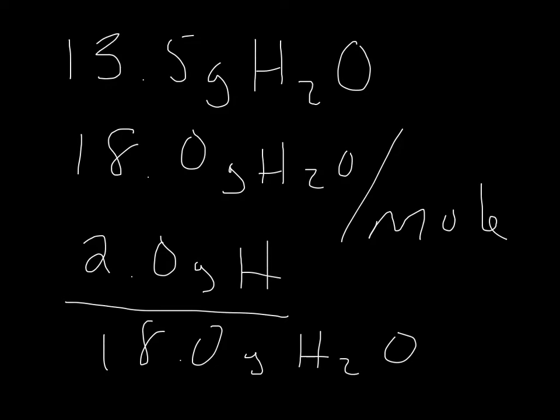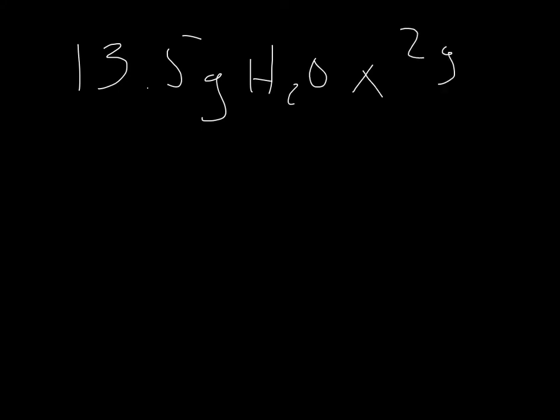So let's do the same thing now. Let's take the 13.5 grams of water and multiply it times 2 grams of hydrogen per every 18 grams of water. When we do that, it turns out that 1.5 grams of hydrogen is produced.